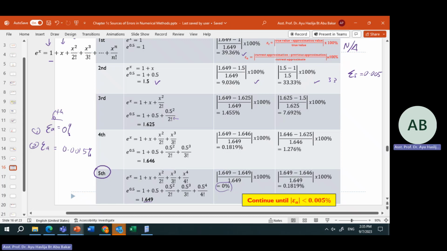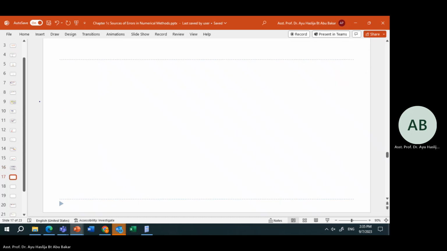Okay, for those who are done, try again with the same equation, but x equals 1.2. E power 1.2 with the same equation just now. Wait, let me copy the equation first.